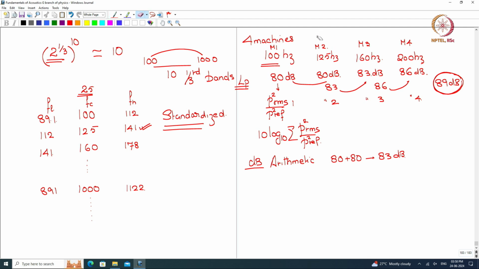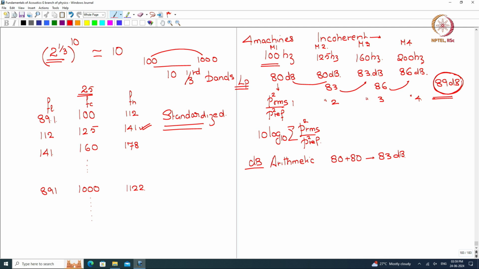Their frequency contents are not the same. This has a statistical meaning, but for now we will stick with incoherent sources. Together operating, the value is 89 dB.